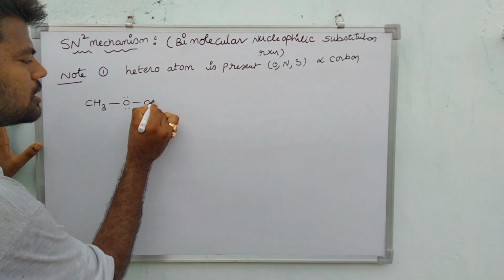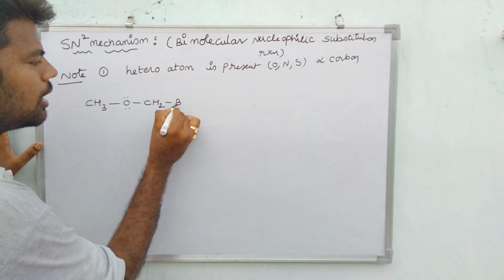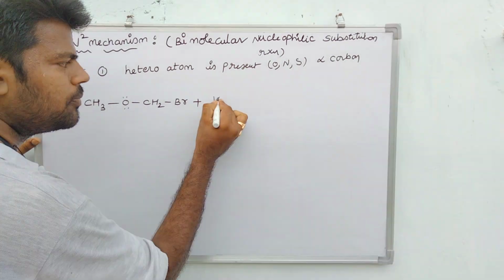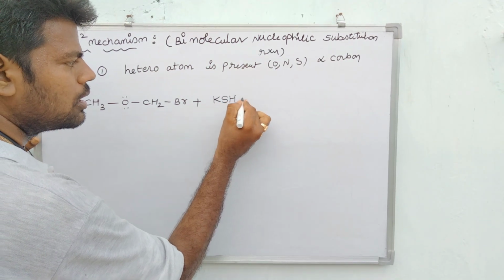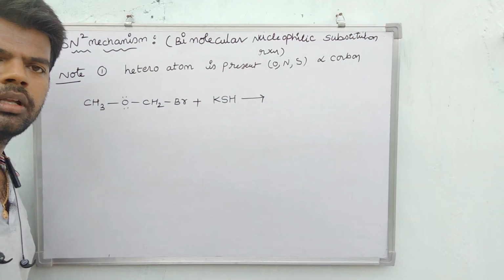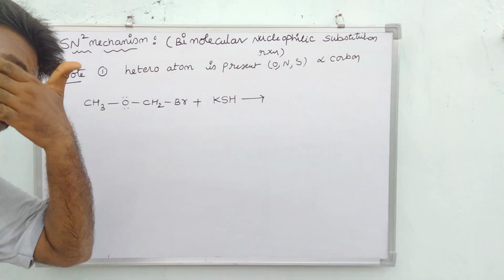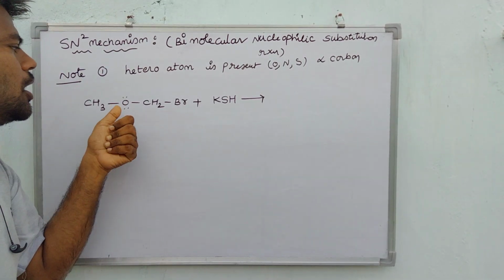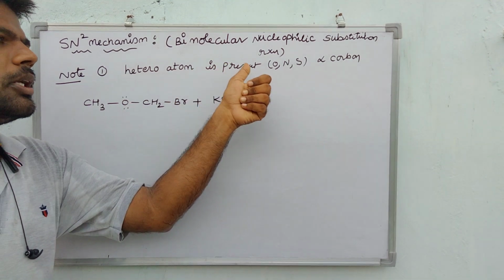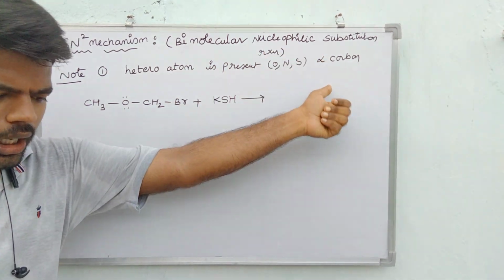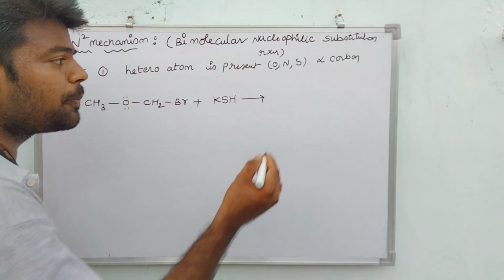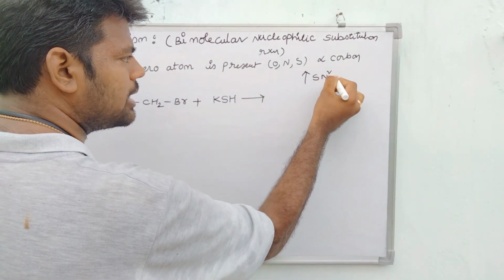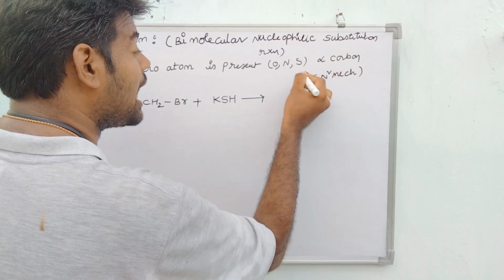Suppose CH2Br is treated with KSH, potassium thioalcohol, not OH. We know that due to the presence of a heteroatom on the alpha carbon, this compound undergoes the SN2 mechanism with higher reactivity.